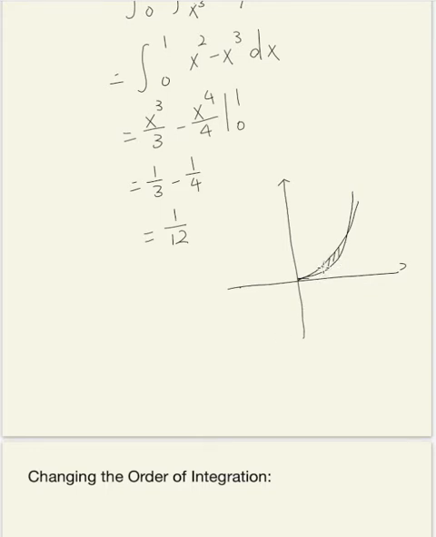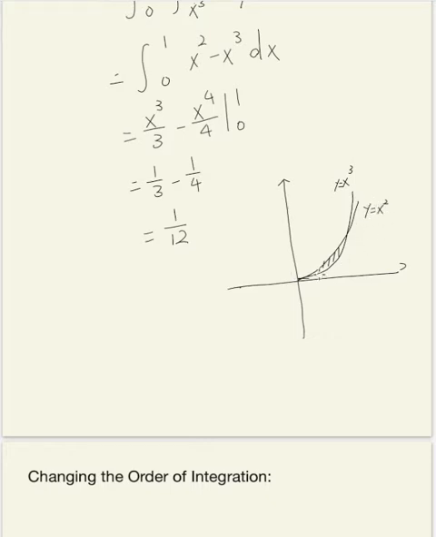What we did was we consider the lower one to be y equals x cubed, and the higher one to be y equals x squared. So y equals x cubed is the lower bound of this area, and y equals x squared is the upper bound.